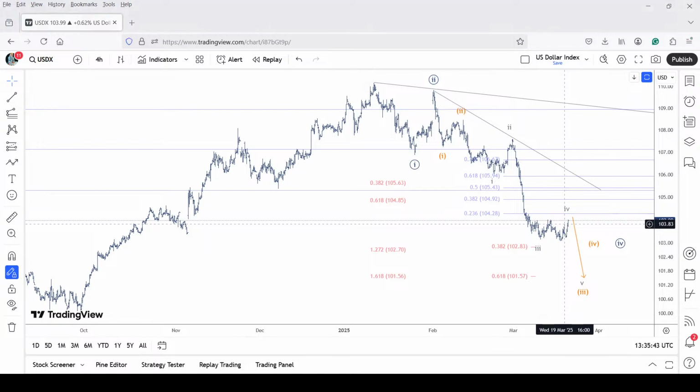I mean, the euro has almost hit the 38.2% retracement of wave 3, while the dollar index is hardly touching the 23% Fibonacci retracement. So that shows the dollar index has not been able to push through as it should be.